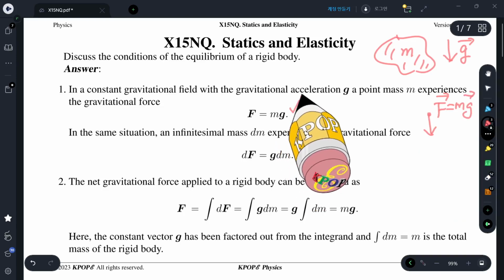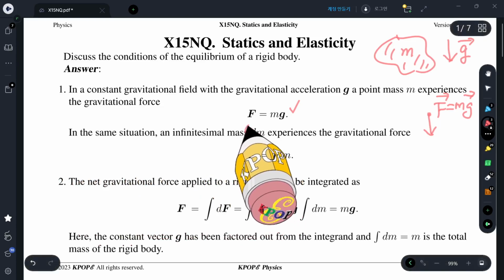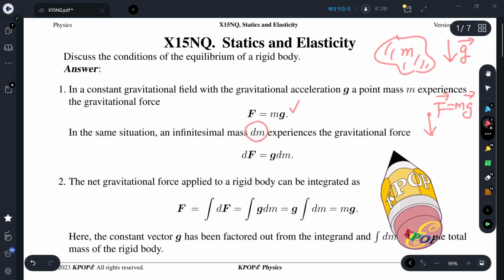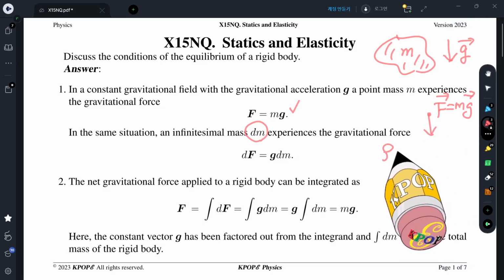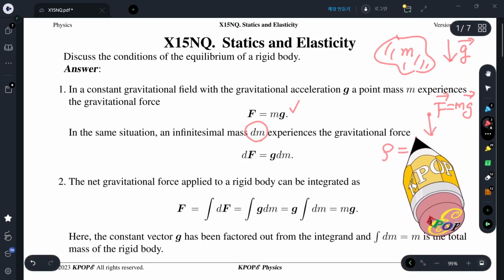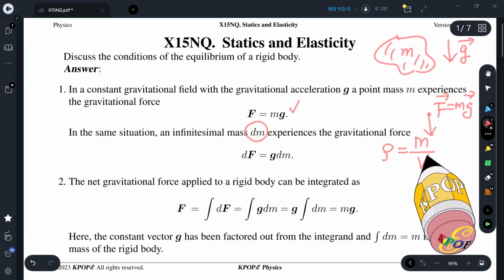That's fine. In the same situation, on an infinitesimal mass, if it consists of uniform material of density rho, it should be total mass m over volume.